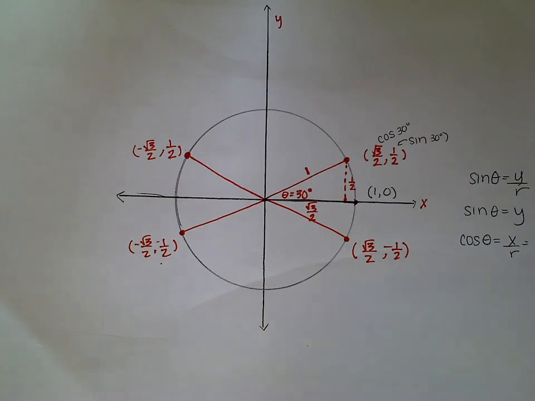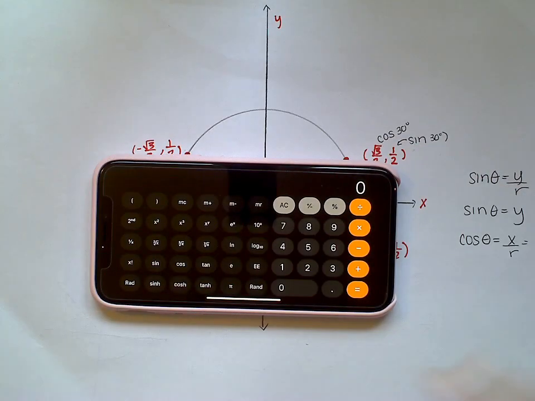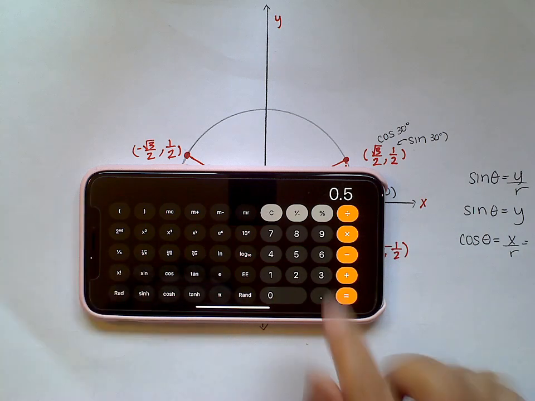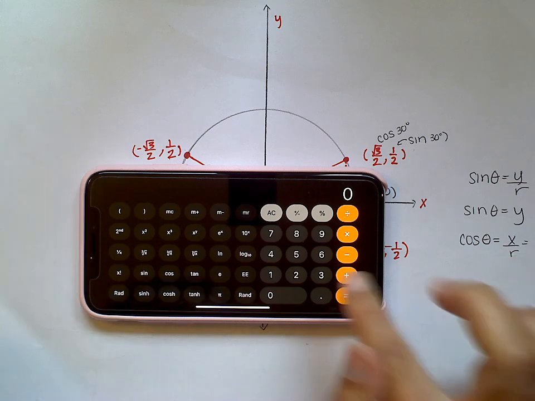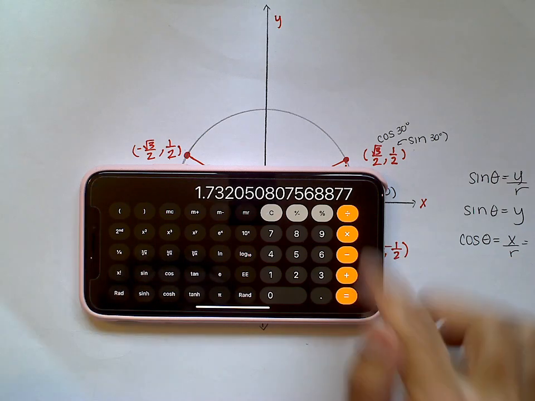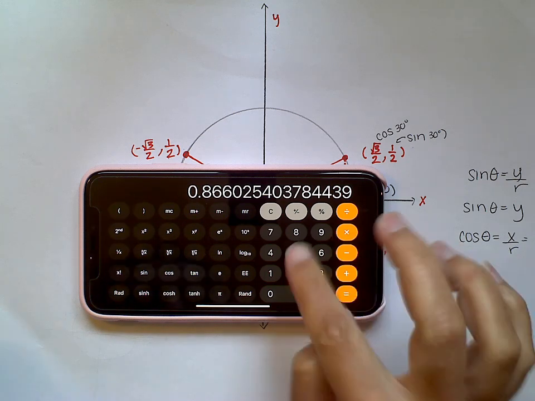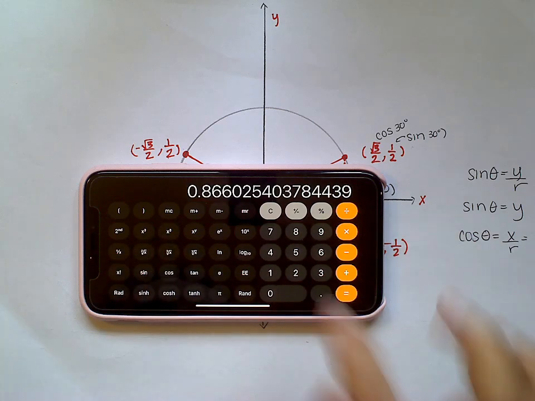And the super fun thing here, I'm just going to show you real quick, is if you go to your calculator and type in sine of 30, it's easy to see that it's just half. Now root 3 over 2 is harder to see because that's irrational, but if I take the square root of 3 and divide that by 2, keep that little number in your brain, the 0.866, blah blah blah. If I do 30 and then cosine of that, you get that exact same number.